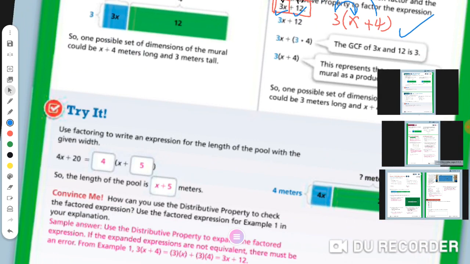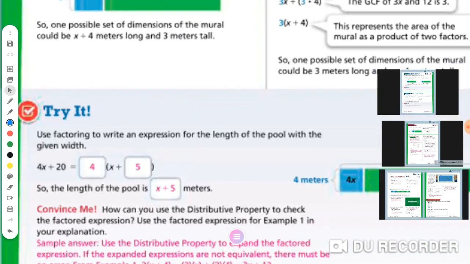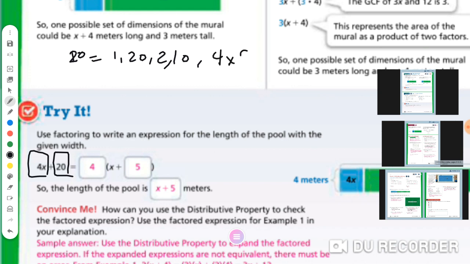The Try It one gives us the expression 4x plus 20. So let's find the factors of 4 and 20. 20 is 1 times 20, 2 times 10, 4 times 5. What else?